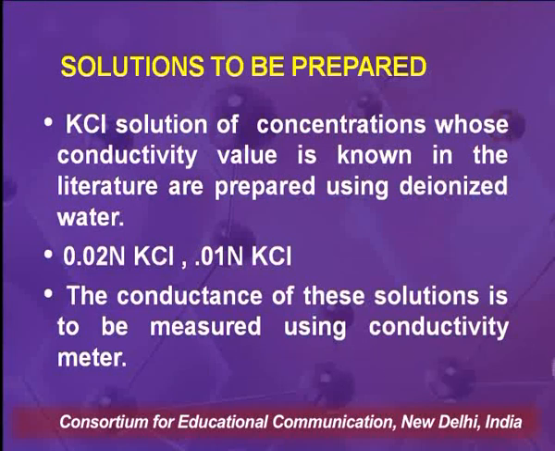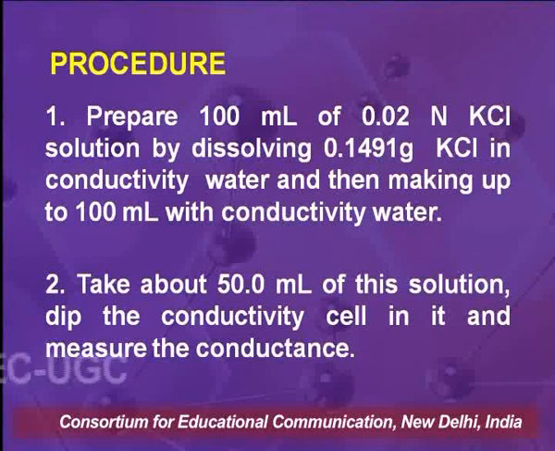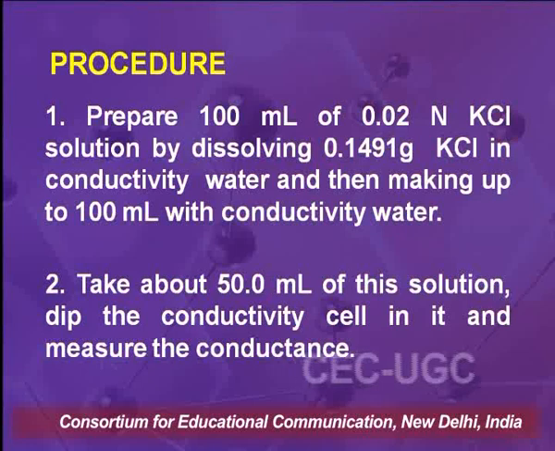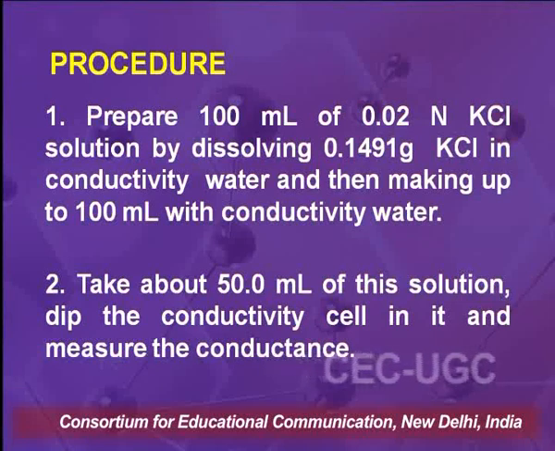The conductance of these solutions is to be measured using conductivity meter. Procedure: first, prepare 100 ml of 0.02 normal KCl solution by dissolving 0.1491 grams of KCl in conductivity water and then making up to 100 ml with conductivity water.